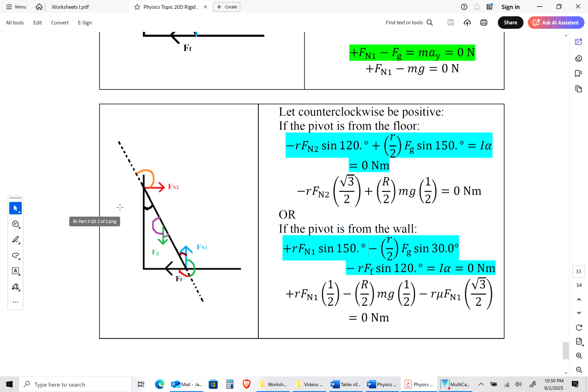We're saying all of the mass of the ladder is just at the center of the ladder. That's R over 2, force of gravity, sine of 30 degrees, that's the sine of this gray part here. You see a small gray part. And that's equal to 0 because we want alpha to be 0. And we can just simplify. So we could use any one of these two blue equations.